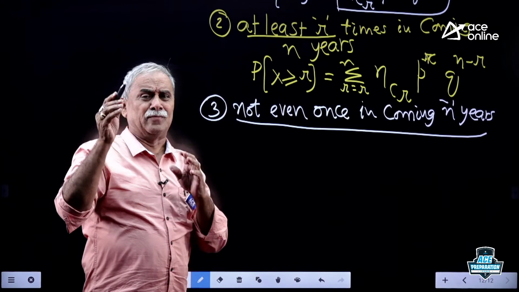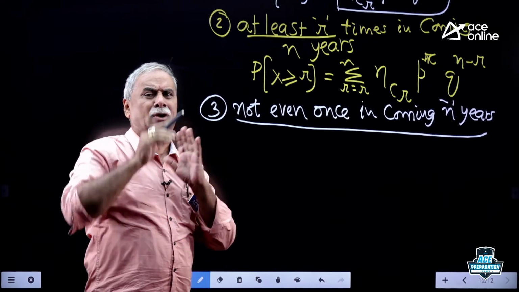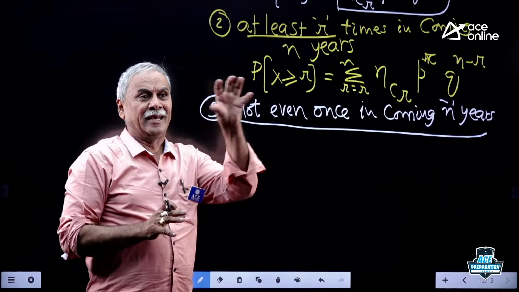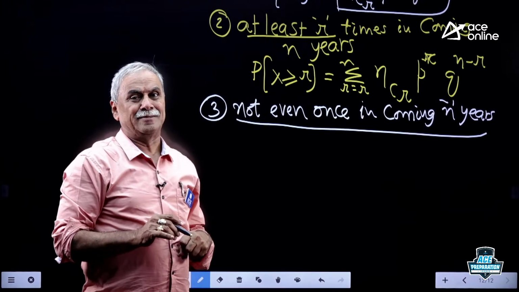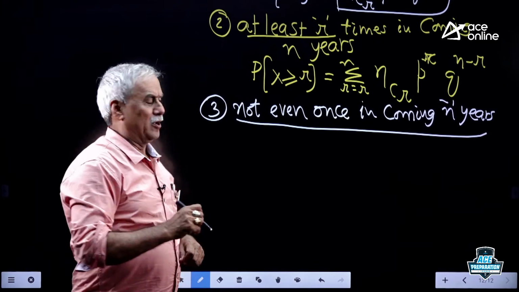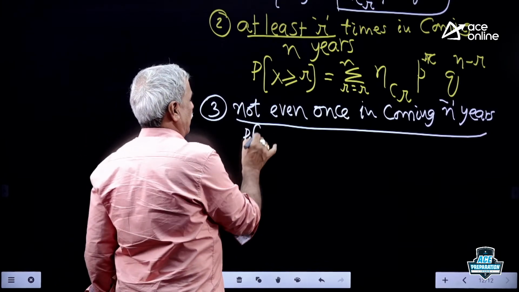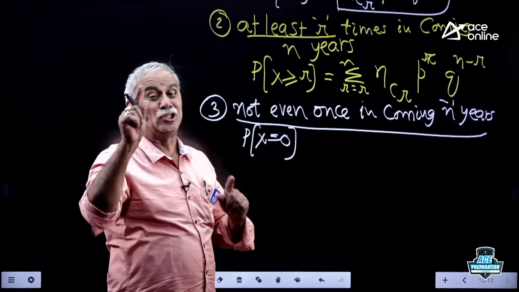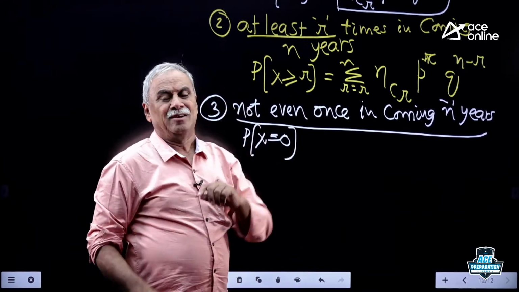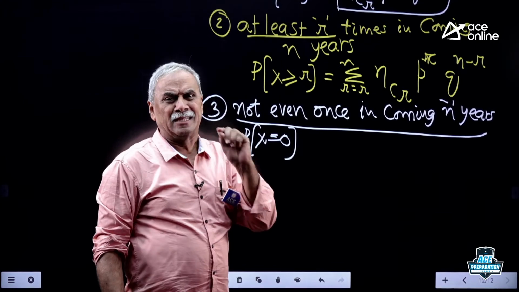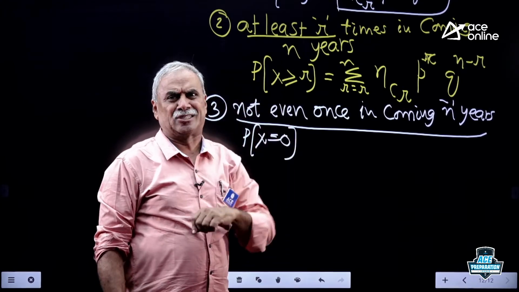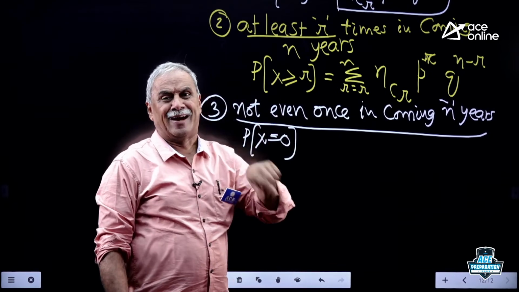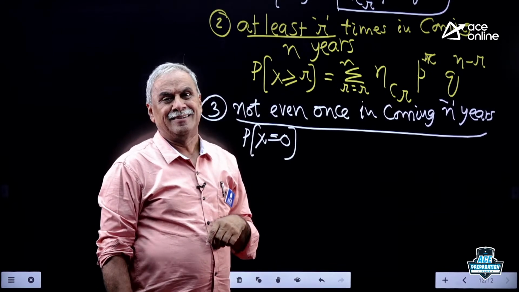Every time, your expected rainfall is not going to occur. In all the coming n years you are going to fail in guessing the expected rainfall. That is, P of X equals 0, number of occurrences is 0. The question asks the chances of getting that particular rainfall at that particular rain gauge station not even once in the coming 4 years, or not even once in the coming 20 years.